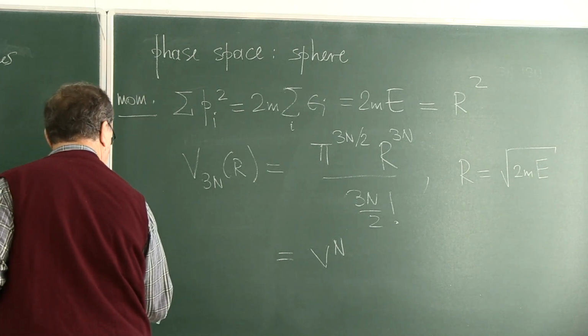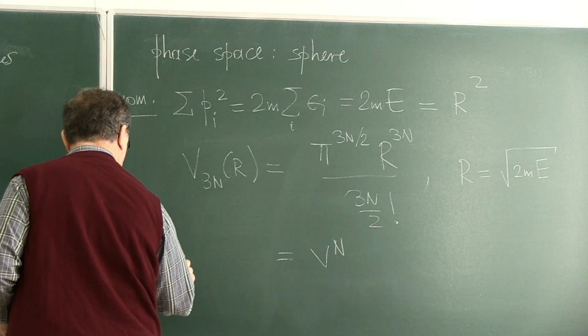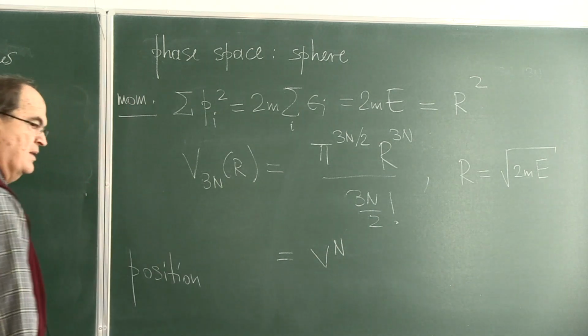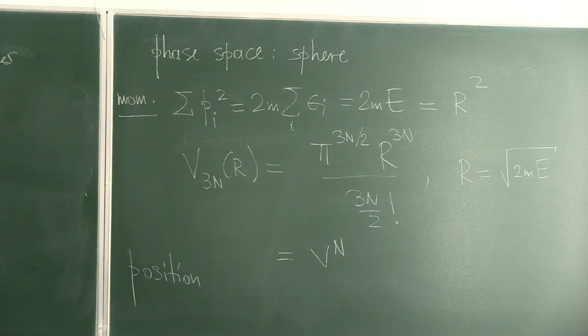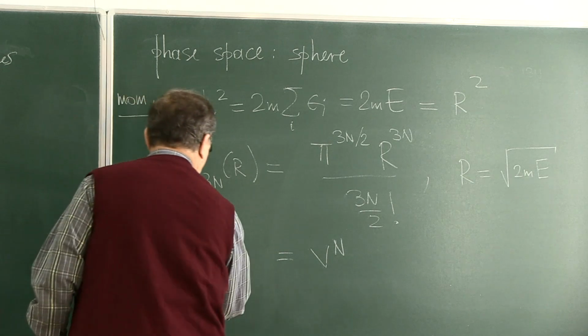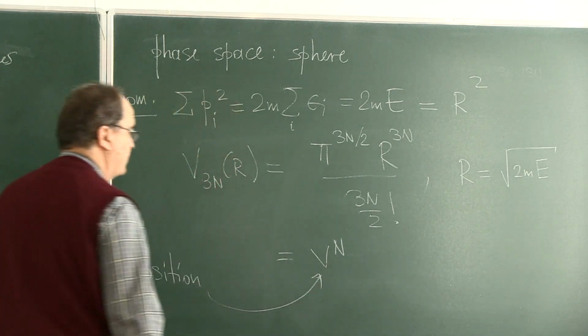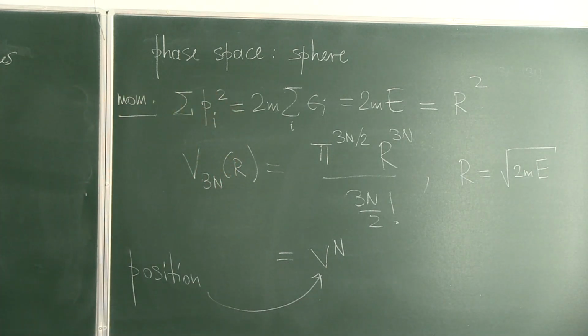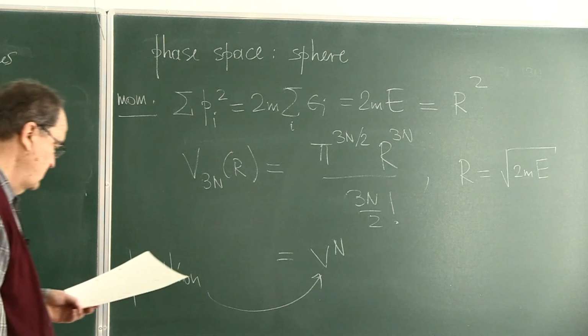In position space each particle is going to have V, so V to the n is the contribution coming from the position space. Okay?